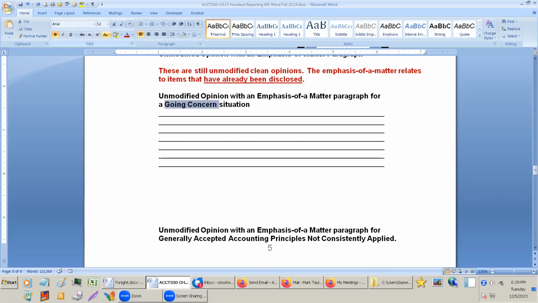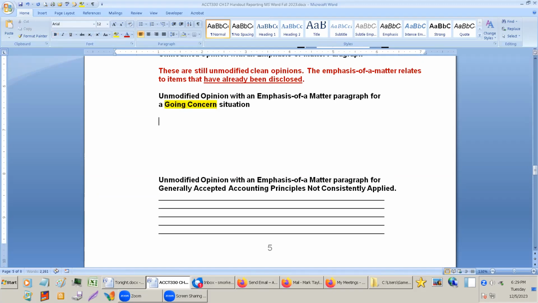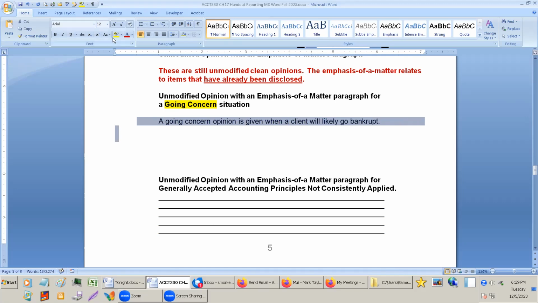I can't remember. Okay, a going concern opinion is given when a client will likely go bankrupt.